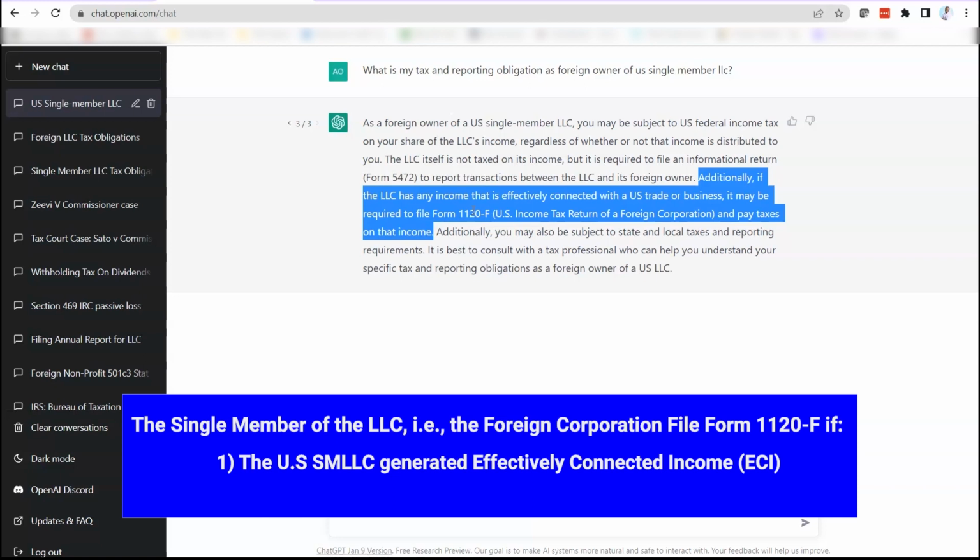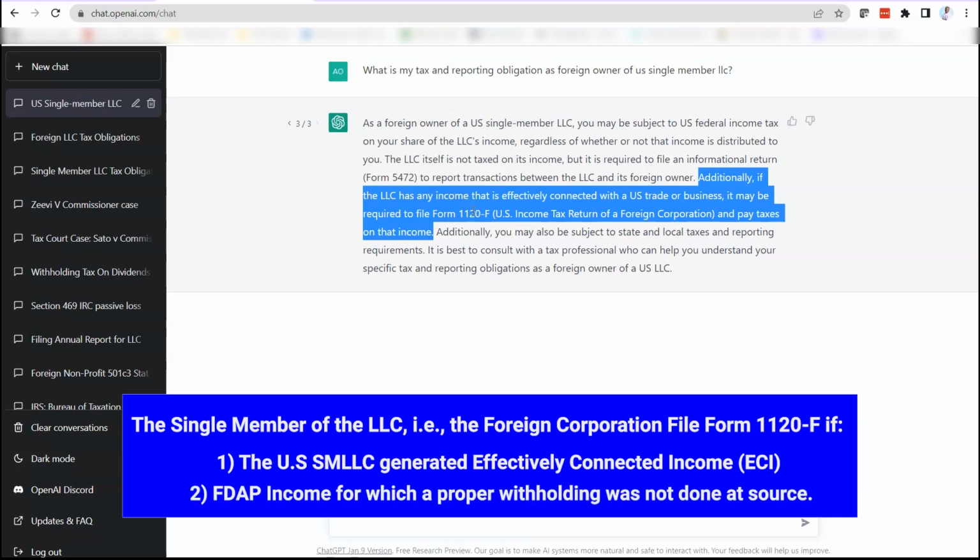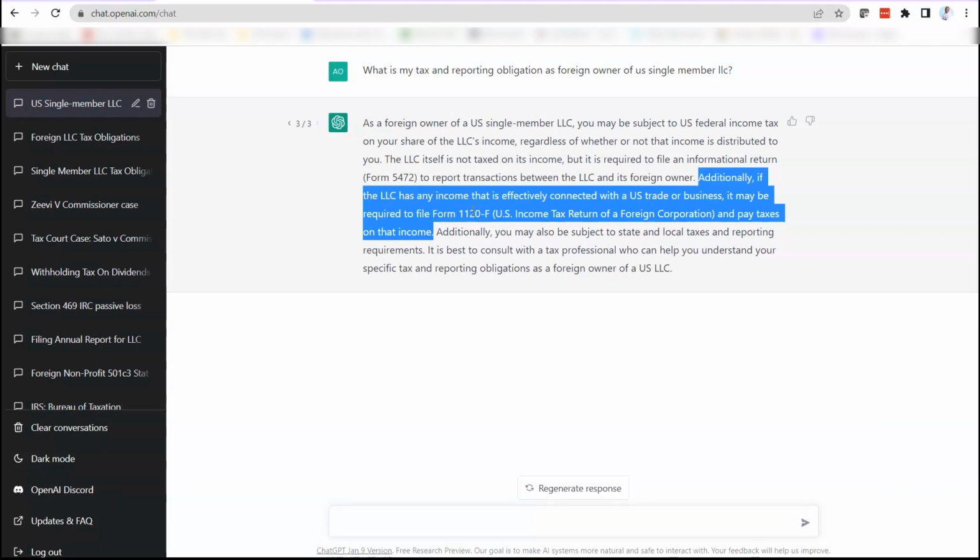And that is also if the LLC is found to have income effectively connected with a U.S. trade or business. So where the LLC is owned by a foreign corporation, then the foreign corporation picks up the income and then files 1120F. But the U.S. LLC itself does not file 1120F.